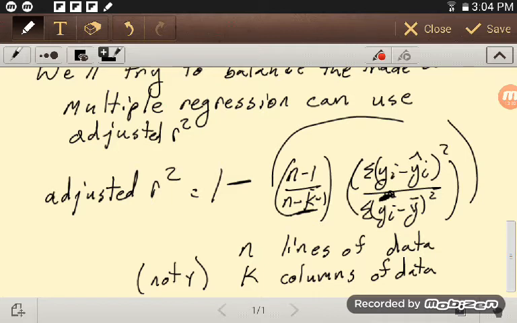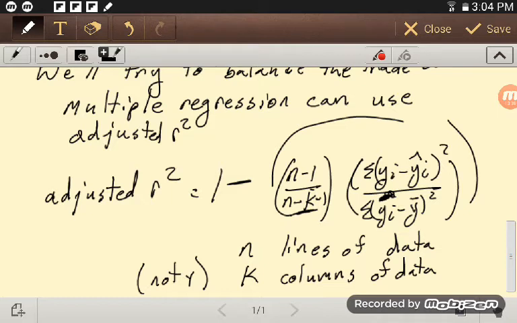Okay, so in general, adjusted R squared will always be smaller than the R squared for a given run, but we can use the adjusted R squared to help us balance what we pick for a model for our data.